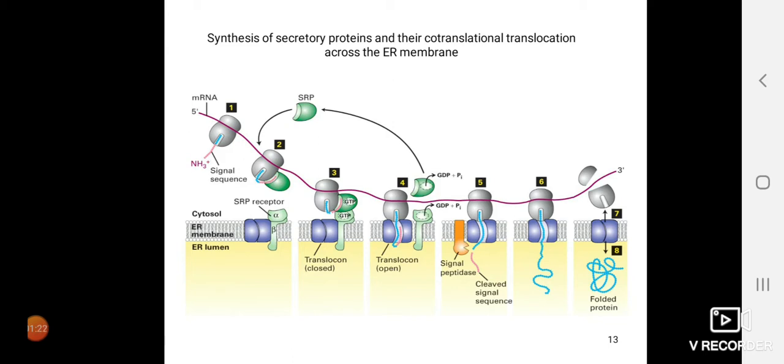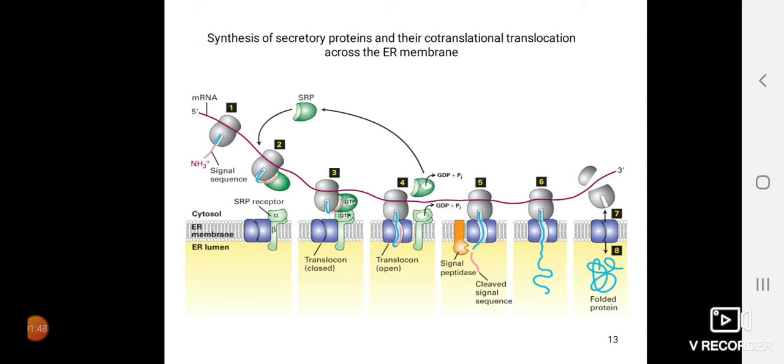So then the translocation is going to restart and continue till it is completed. If you see the fourth step there, the SRP is leaving and the movement of the polypeptide chain is taking place into the lumen of the endoplasmic reticulum.